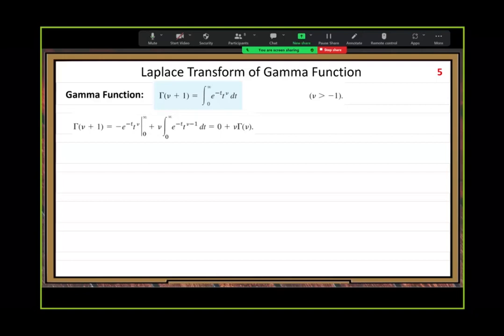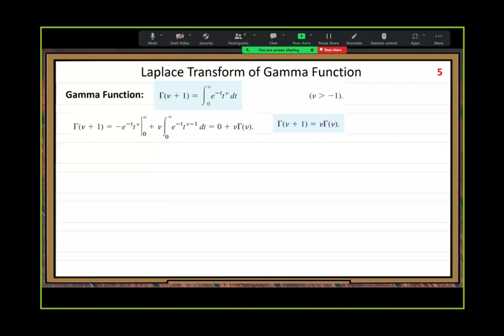All right. Then, when we apply integration by parts, we get the recurrence relation: gamma of nu plus 1 equals nu times gamma of nu. That's a nice simple recursion, right?